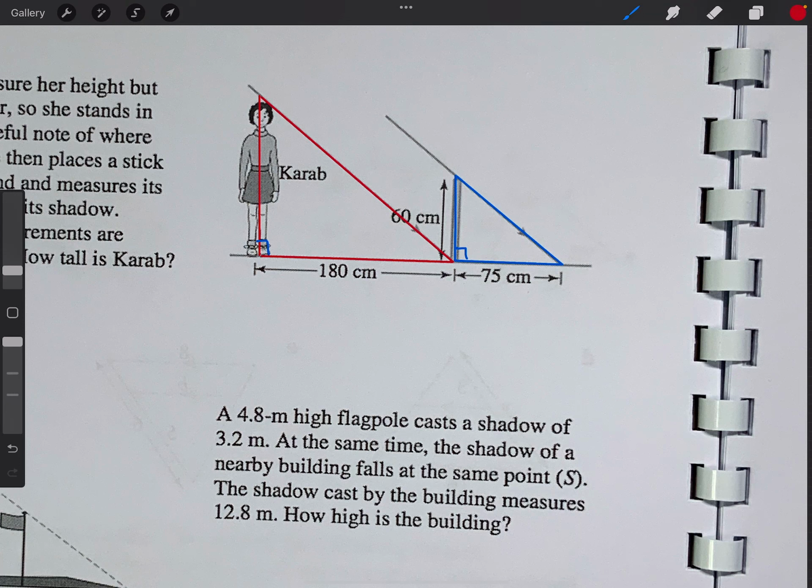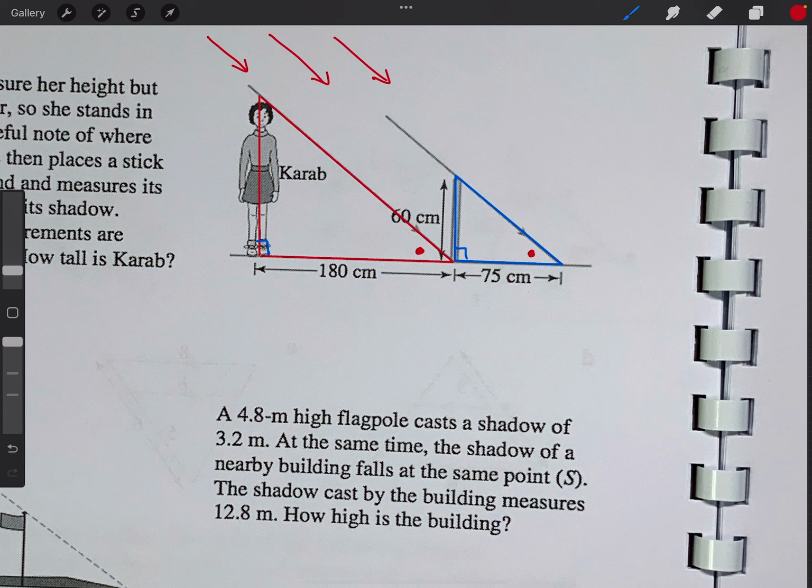Now, we know that the sun's rays tend to shine at a certain angle. Whatever that angle is, we don't need to know what angle it is, we just need to know that these two angles are equal. Let me put a dot here, this angle with a dot is equal to this angle.